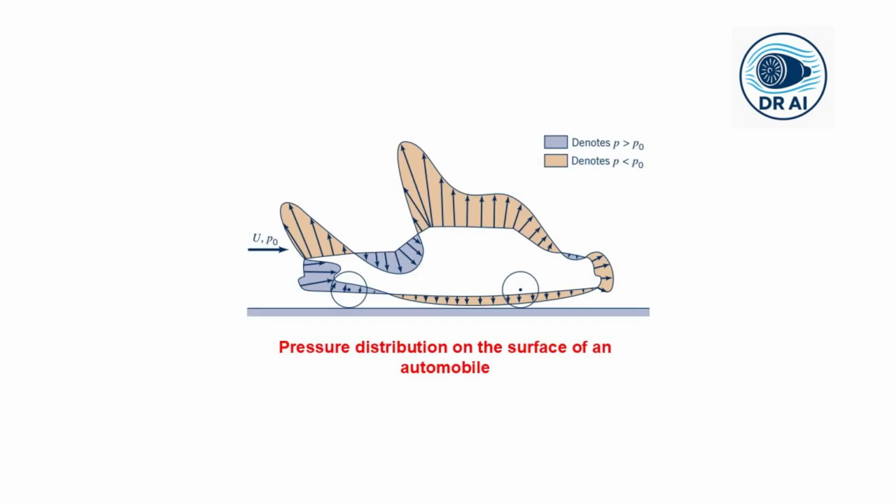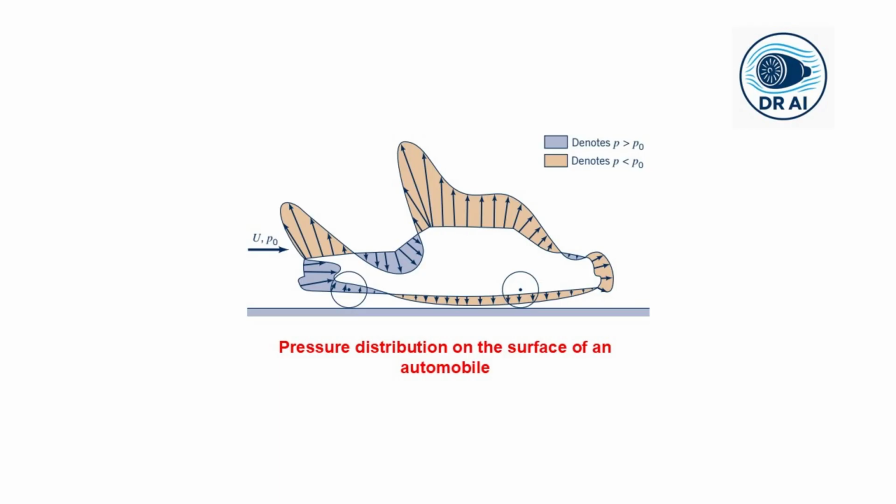Now, to understand how pressure creates lift, look at this particular figure, the pressure distribution on an automobile. This is not a wing, but it perfectly illustrates the principle. The figure uses color coding. Red areas denote pressure higher than atmospheric, blue areas denote pressure lower than atmospheric.